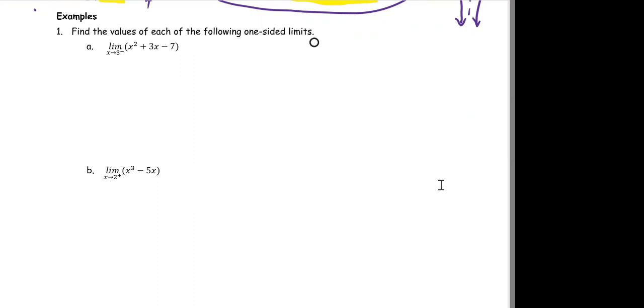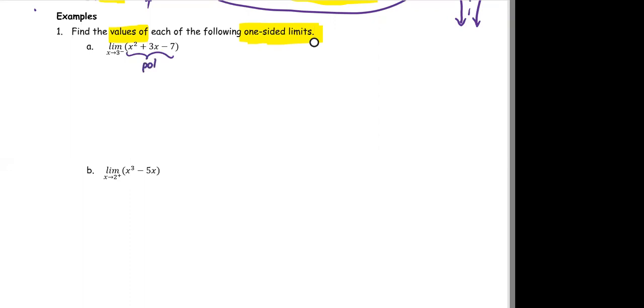Okay, now we're going to see an example. We're going to find the values of each following one-sided limit. As you see the limit notation, x approaches 3 from the negative side, and the function is x squared plus 3x minus 7, with powers 2, 1, and 0.